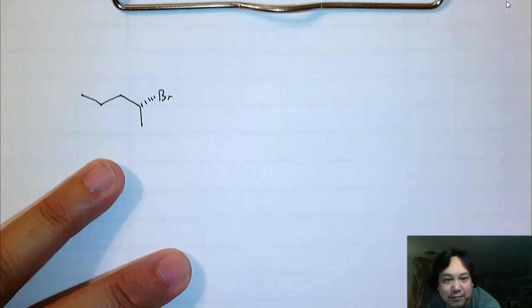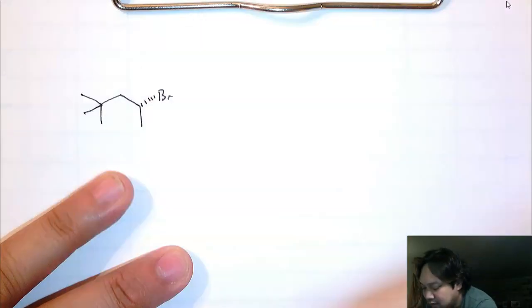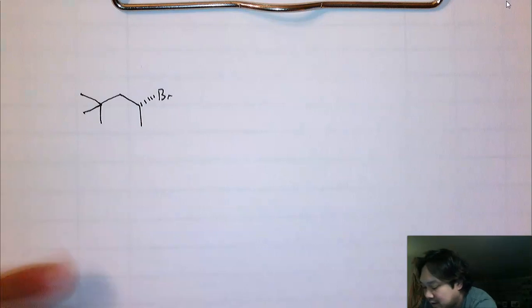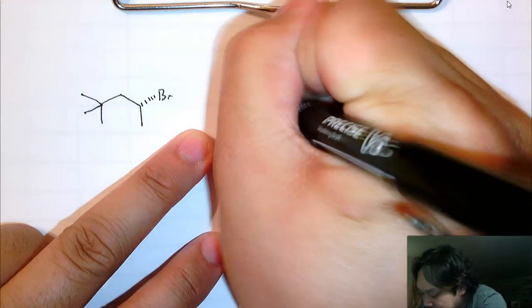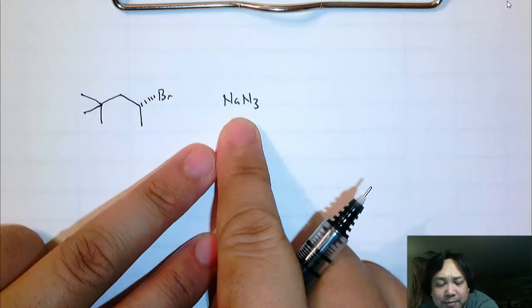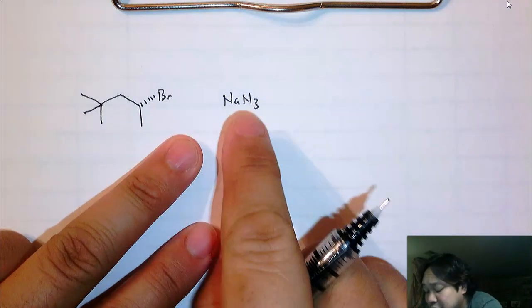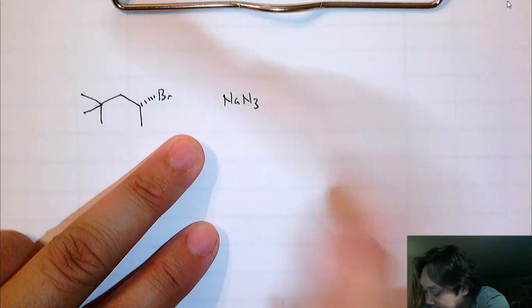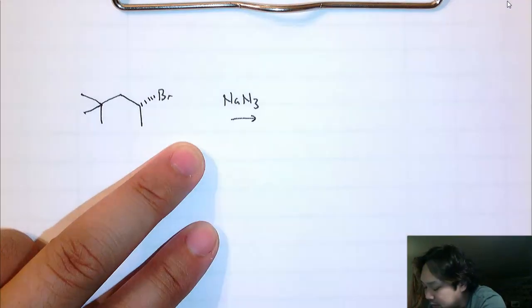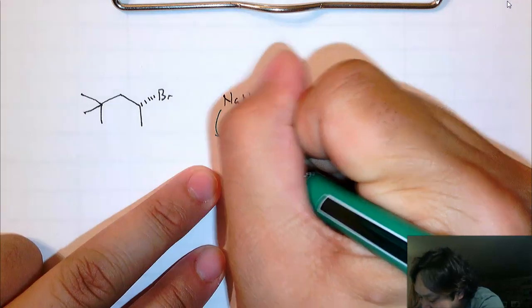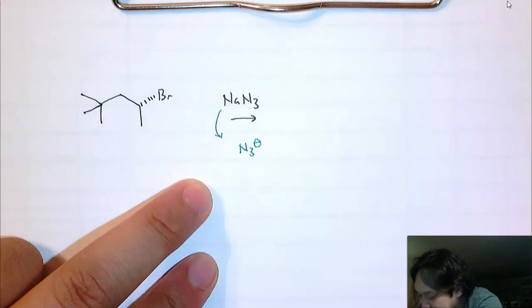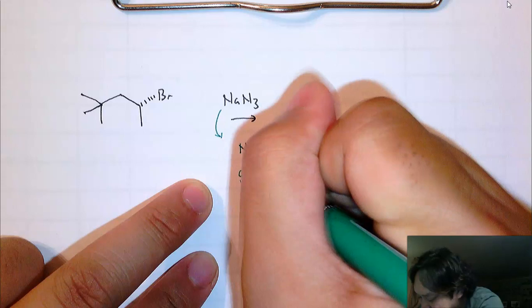Let me put a tert-butyl group here, or a crow's foot. I'm going to pick a good nucleophile, NaN3. Again, it's your responsibility to be able to interpret this correctly. I want to interpret it as the nucleophile being N3 minus, and it's good. It's a strong nucleophile.